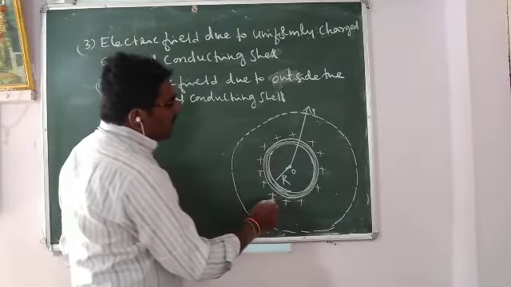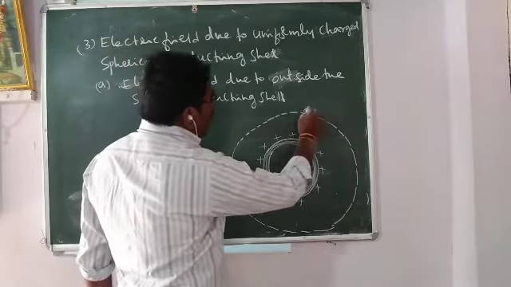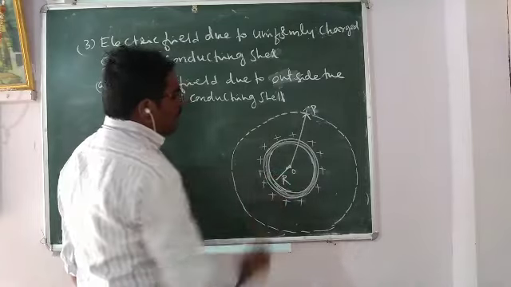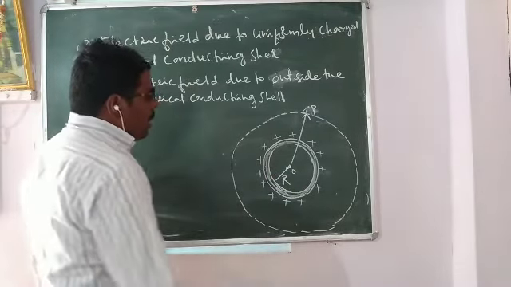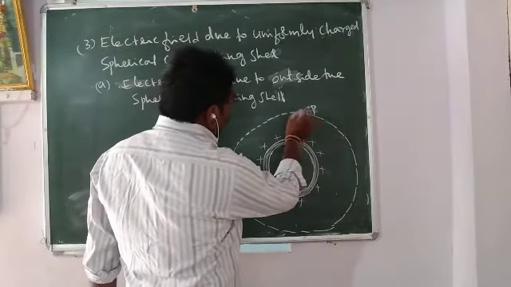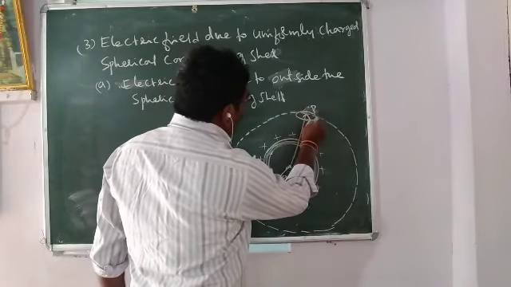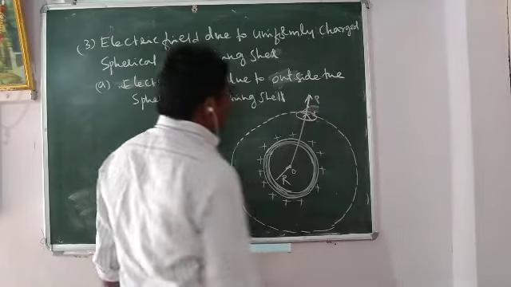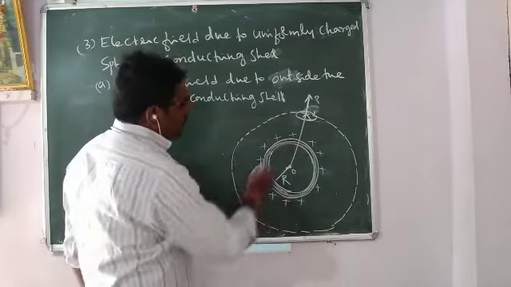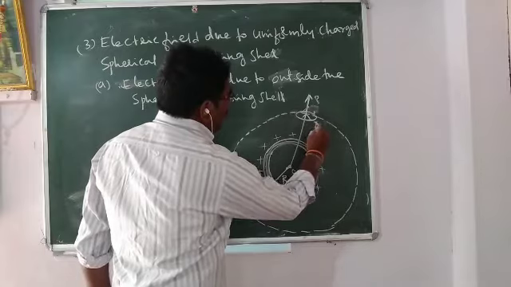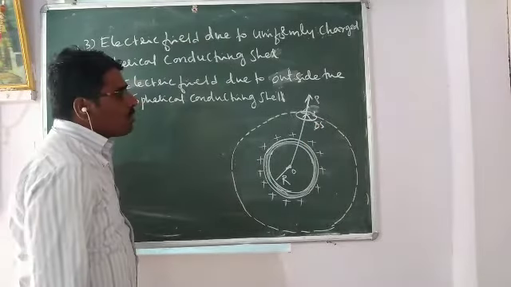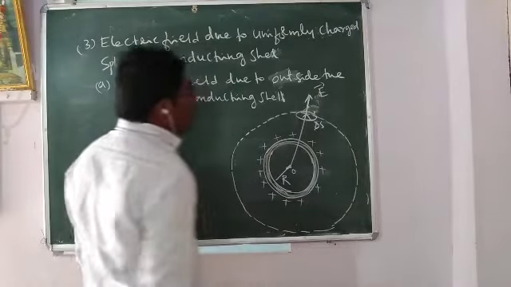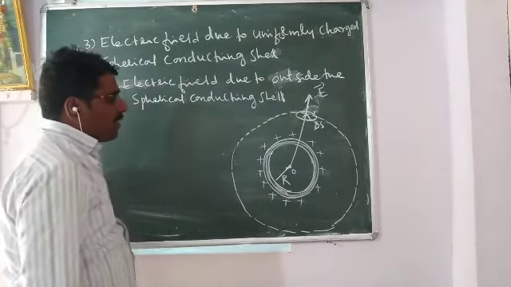On this Gaussian surface, consider a small closed surface, delta S.